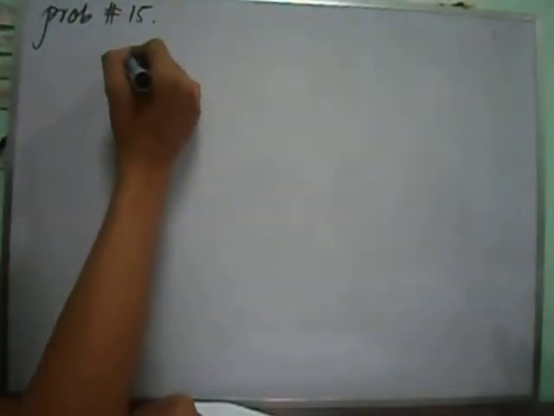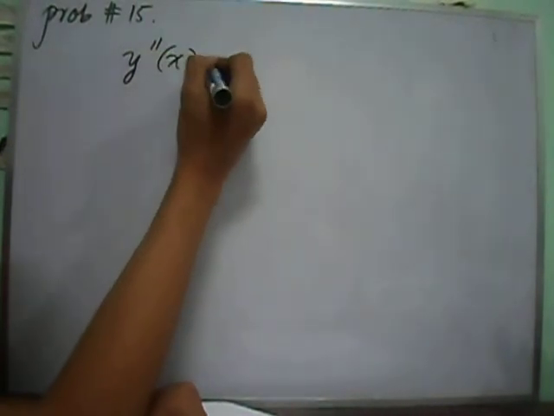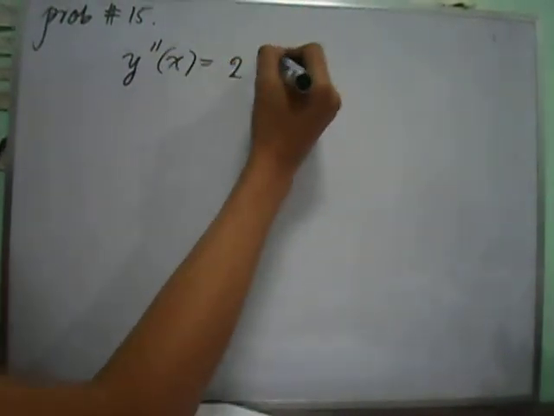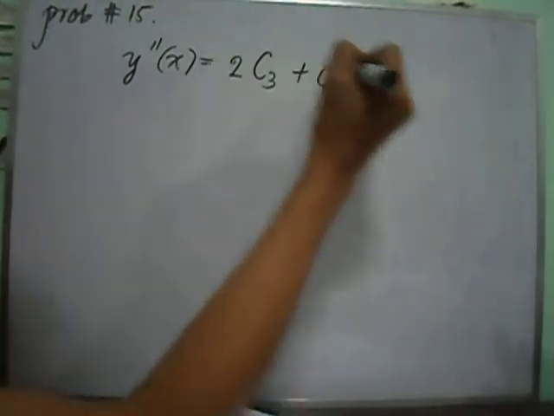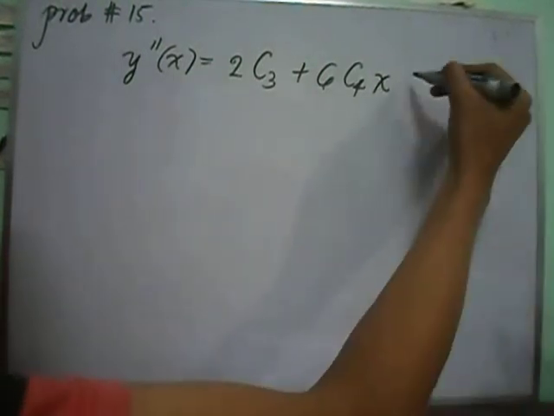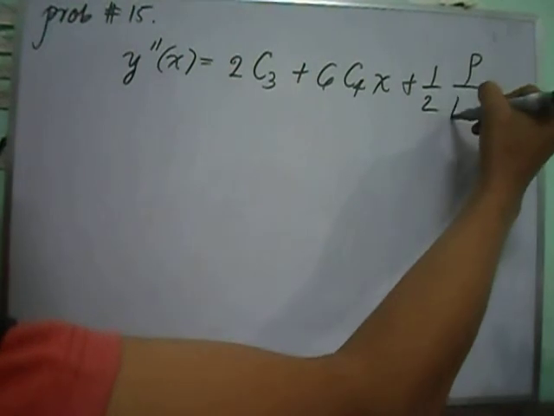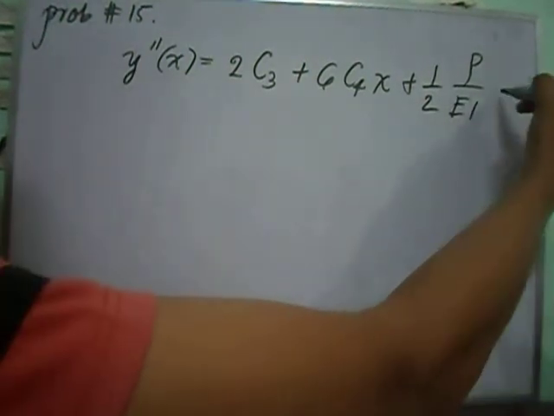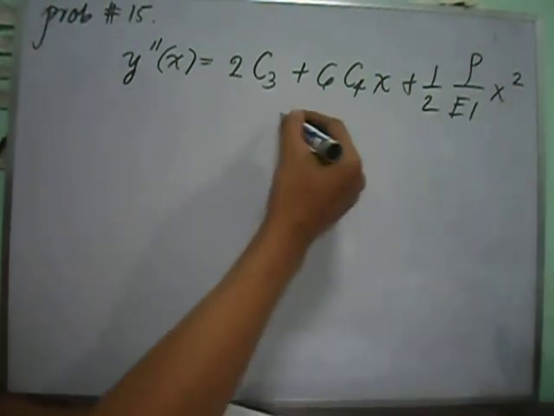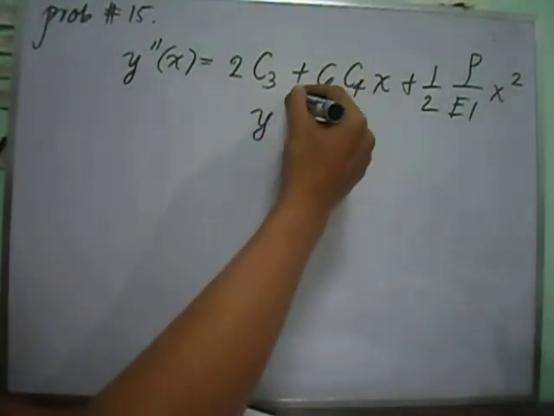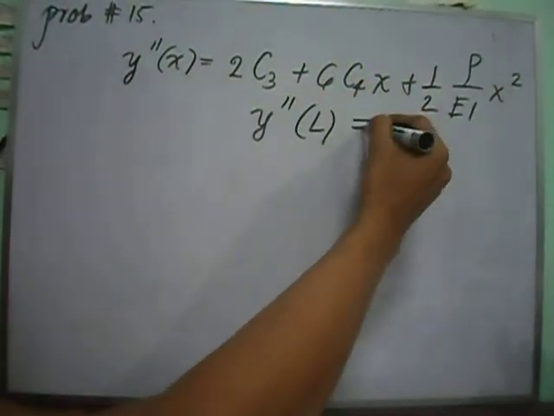From the original, we have y double prime of x is equal to 2c3 plus 6c4 x plus 1/2 P over EI x squared. And we have the boundary value problem, y double prime of L is equal to 0.